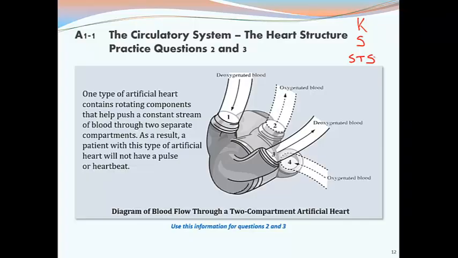Now, the STS outcomes, this would be a technology example of looking at this heart. So what we as teachers do is we can't highlight every type of societal issue or technological advancement, but what we try to do is get students to start to analyze these types of questions so that they can be successful at synthesizing information and being able to read a new diagram that they've never seen and be successful in breaking it down.